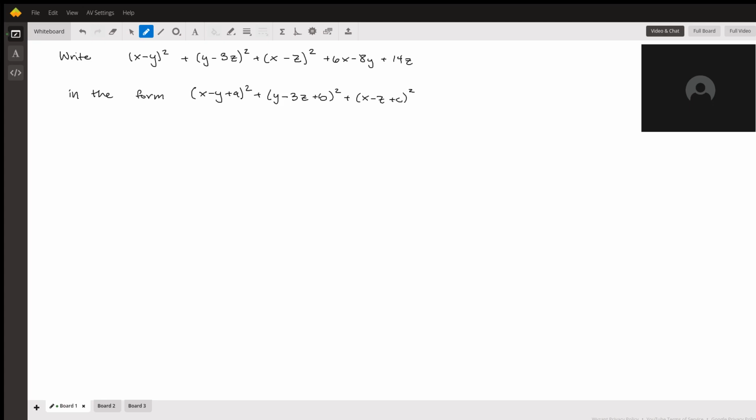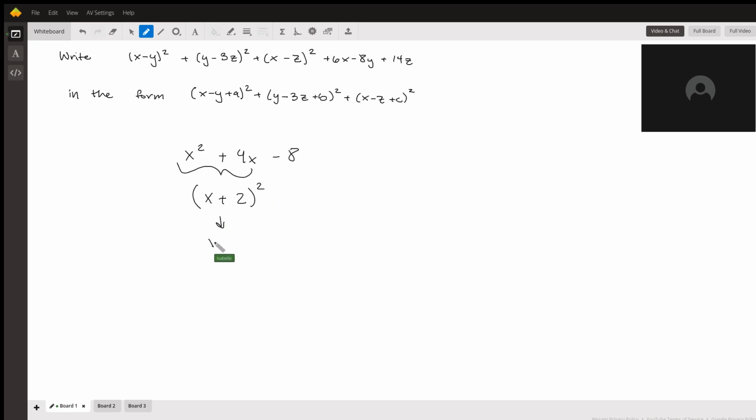However, normally we're used to seeing completing the square with just maybe a quadratic, let's do an example, x squared plus 4x minus 8. We would be able to replace this x squared plus 4x with x plus 2 squared.